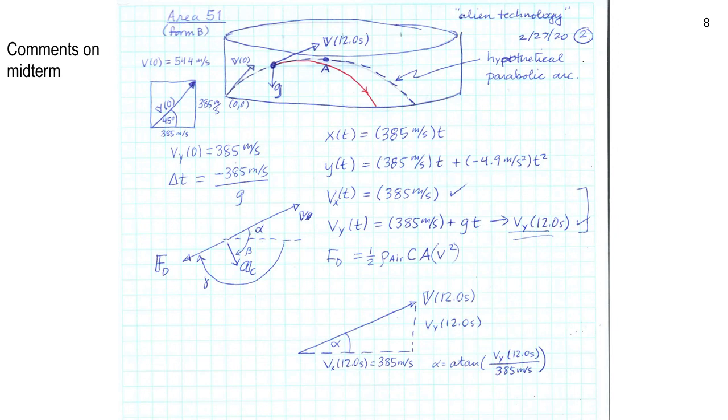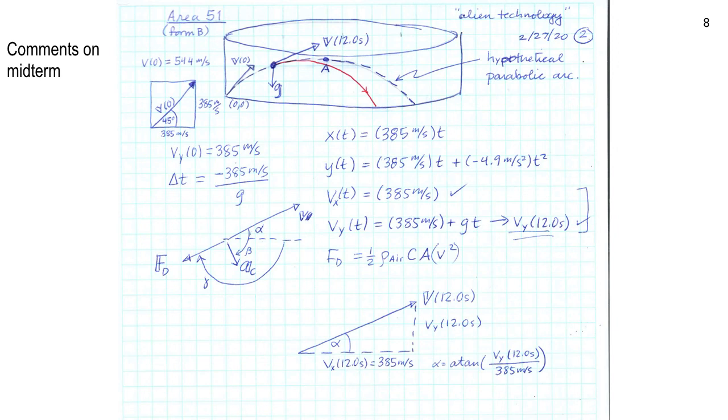I'll call this alpha, and then this one here is beta, and then this one all the way around to here we could call gamma or anything else. You can figure out all those. Once you get these two components, you're just doing some inverse tangent and then figuring out a little bit of geometry for that.